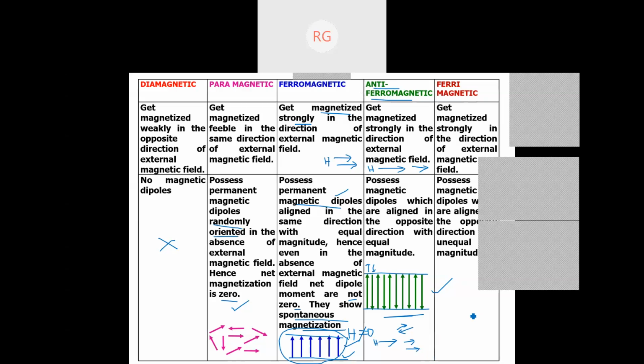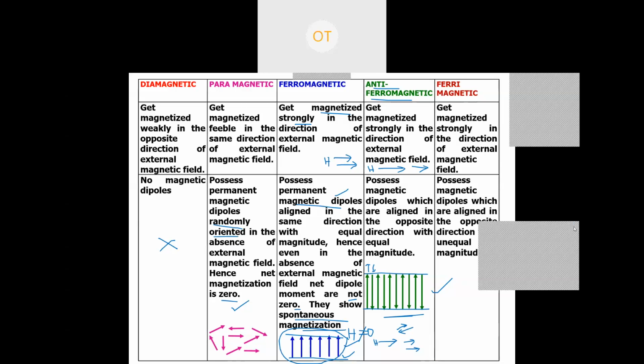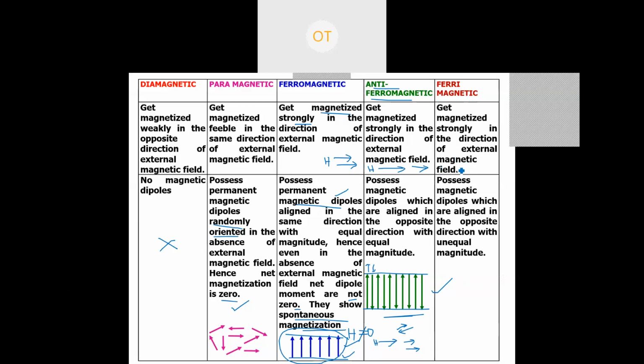So coming to the next type of magnetic materials, which are called ferrimagnetic materials, they also get strongly attracted in the direction of external magnetic field. They do possess permanent magnetic dipoles, but they are unequal and anti-parallel. So this is larger and this is small. This is large and this is small.